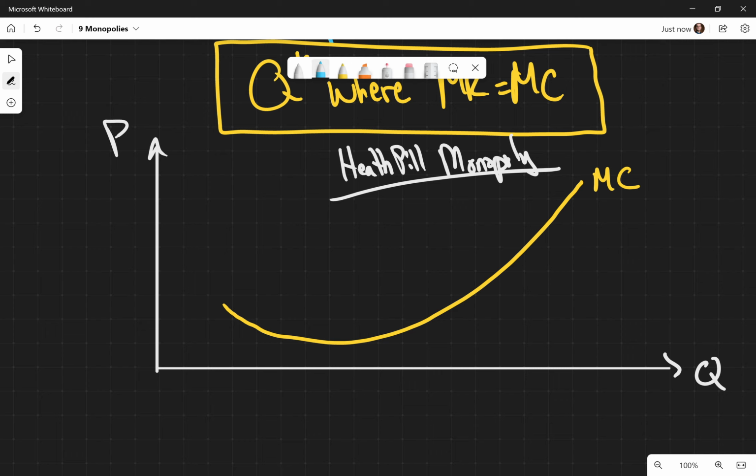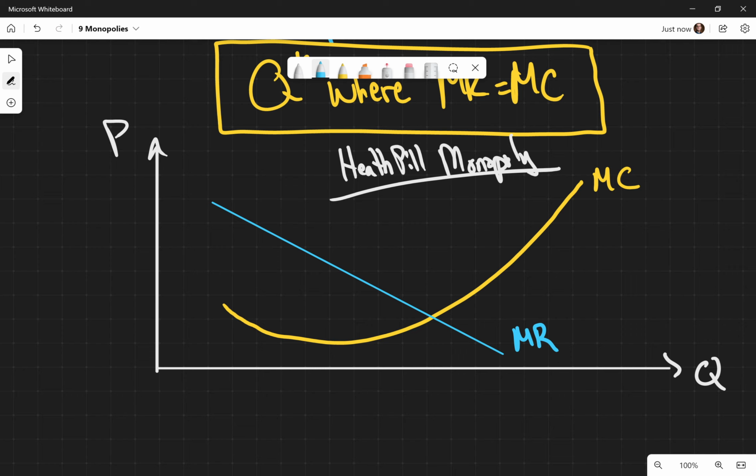And remember that before, with perfect competition, we had a marginal revenue curve and a demand curve that was perfectly flat. That is no longer the case. Now we have a demand curve that's downward sloping, which means that my marginal revenue curve is also going to be downward sloping.